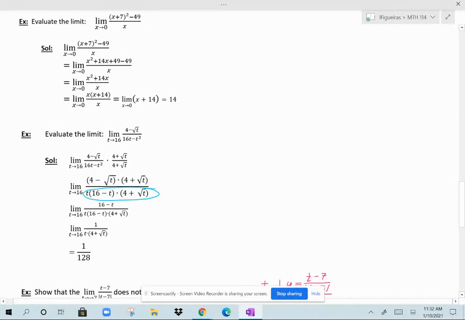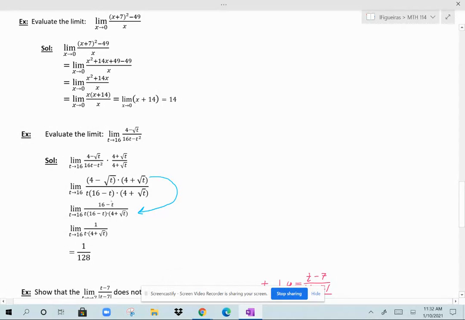It's actually much cleaner if you only expand the numerator because what you're looking for is something that you can cancel. So when I expand the numerator, when you FOIL it out, you get 16 minus t in the numerator because remember, with conjugates, the outer and inner terms cancel out.